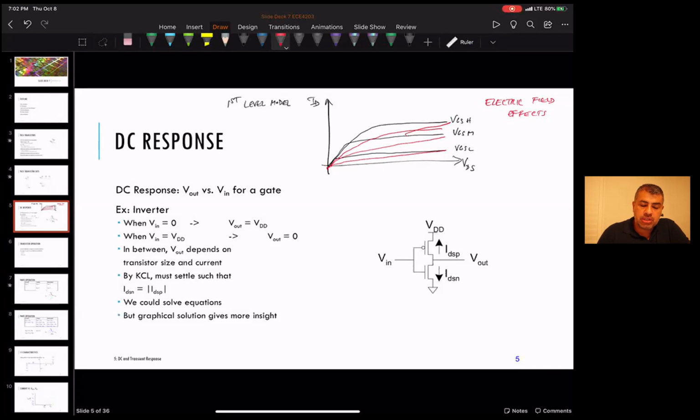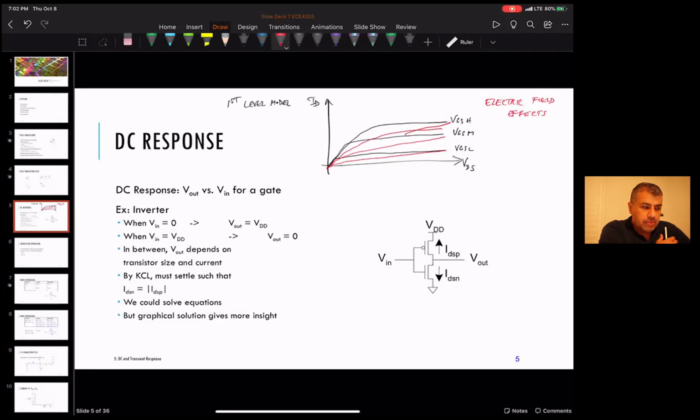Like I mentioned, the inverter is our proxy to all CMOS logic gates, because as you'll see, if we look at the inverter, we can use the same thinking to look at a NAND gate or an OR gate with a little bit of complication. Okay, so what do we do?